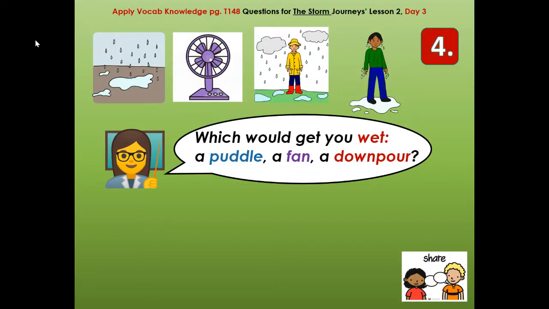Number 4, look at the pictures here. We've got a downpour, a fan, a puddle, and a wet person. Which would get you wet? Would a puddle get you wet, a fan get you wet, or a downpour?